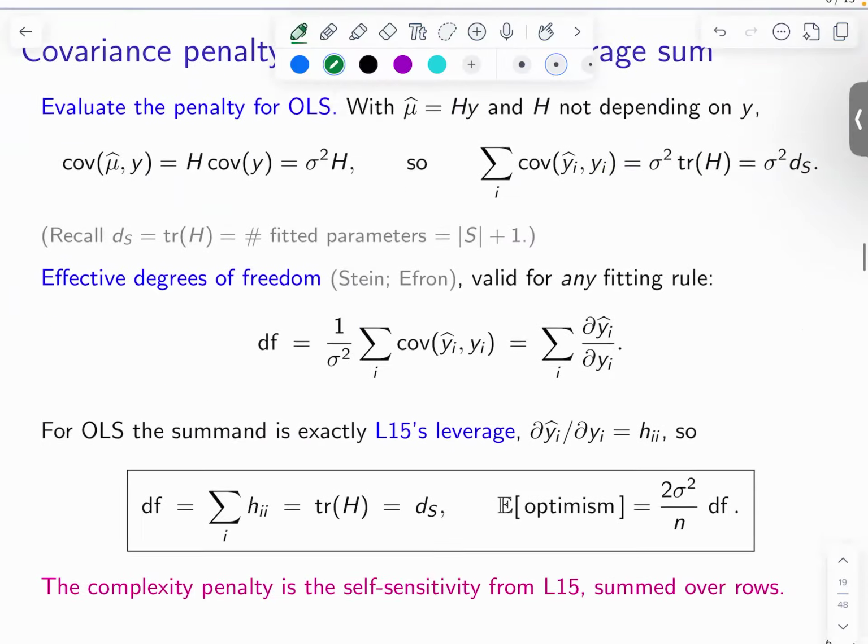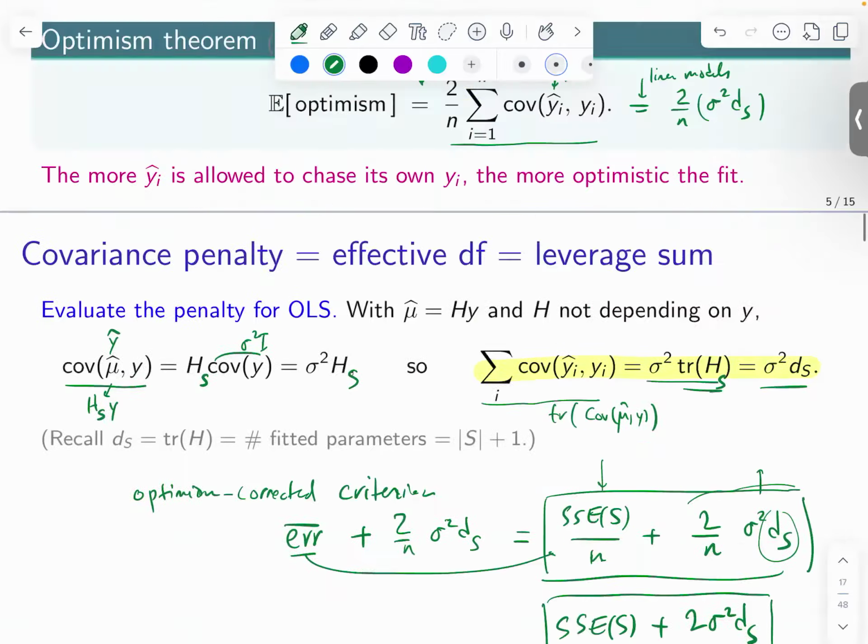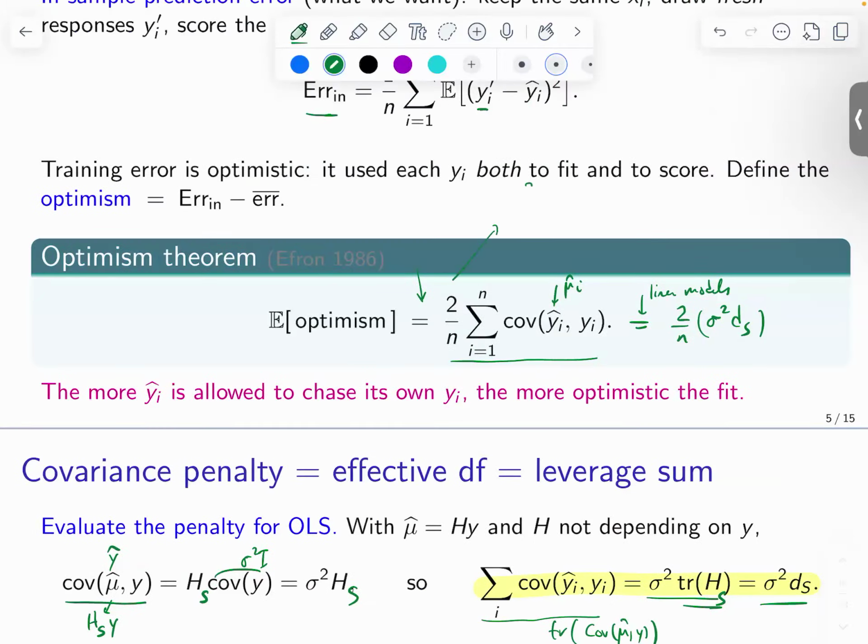The thing is that the optimism, you can write it as, if you go back up, multiply by sigma squared, divide by sigma squared. This I called degrees of freedom.